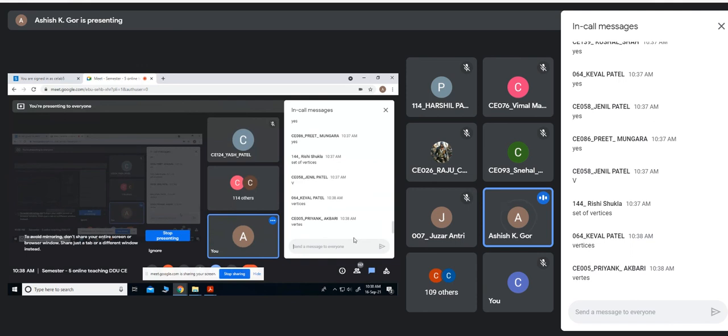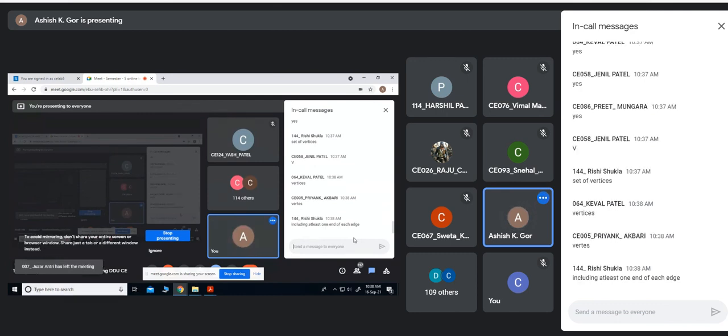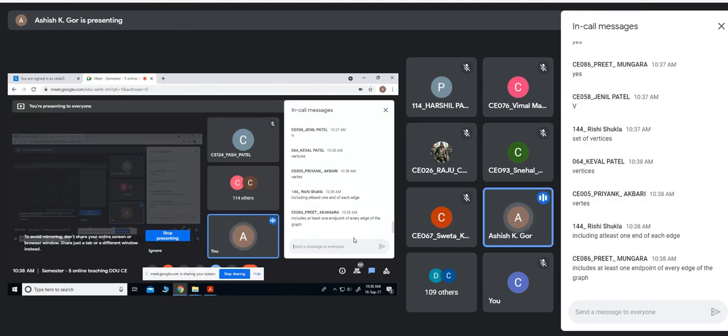Very correct. What is the constraint? Which vertices? Such that it includes at least one endpoint of every edge. So from every edge, at least one of the vertices. Every edge has two endpoints, so at least one vertex of every edge should be there in a vertex cover.